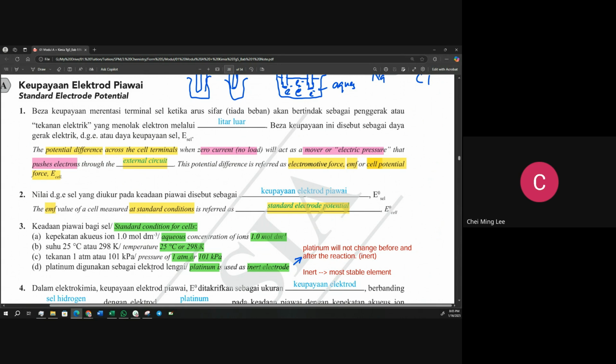The atmospheric pressure must be 1 atm or 101 kilopascal, and the platinum used as electrode must be an inert electrode. What is called inert means that it will not change before and after the reaction. We said inert means a very stable substance.